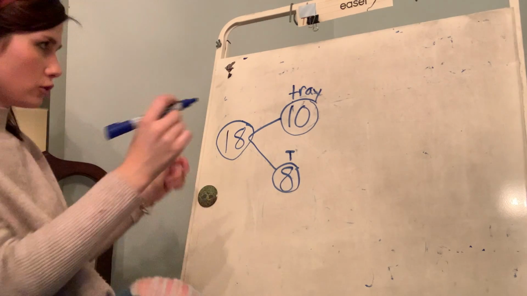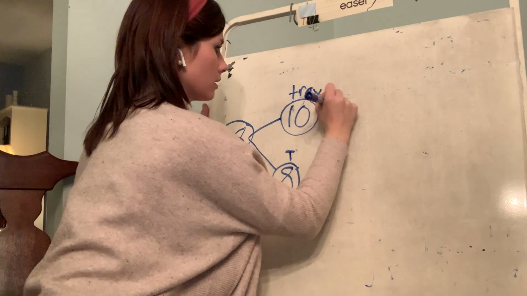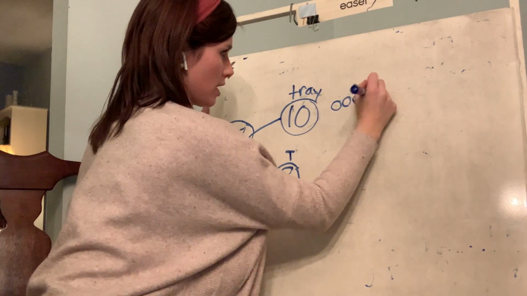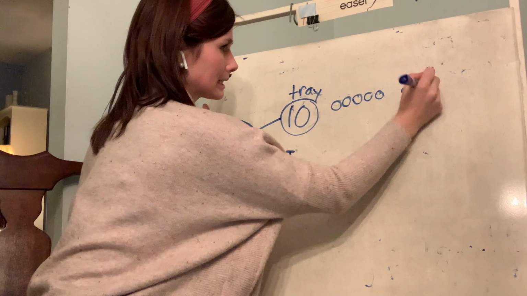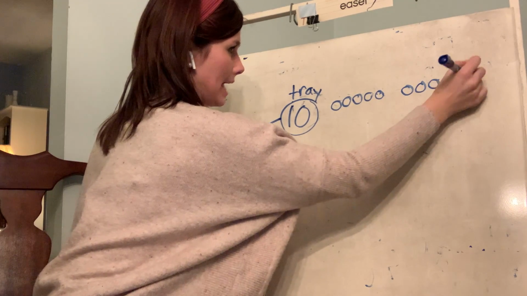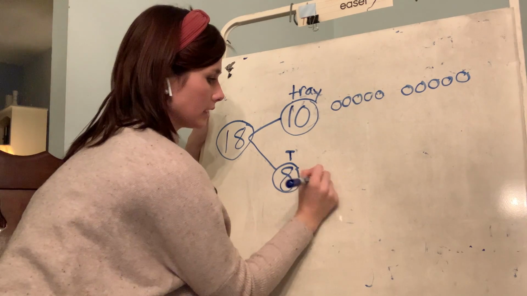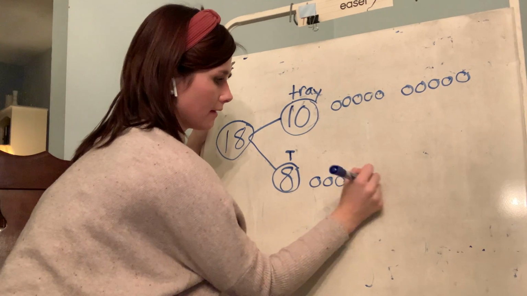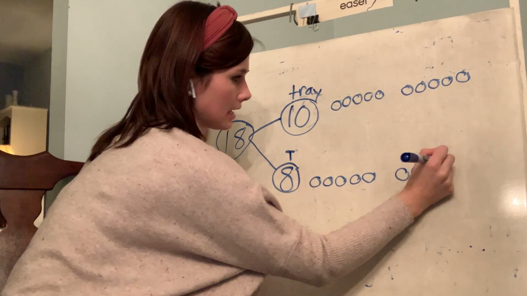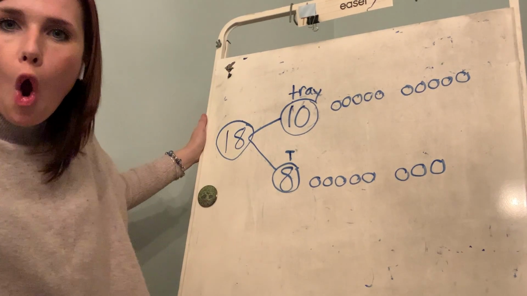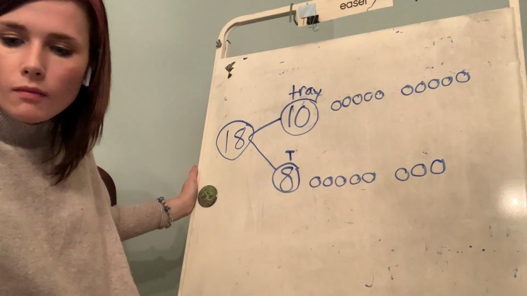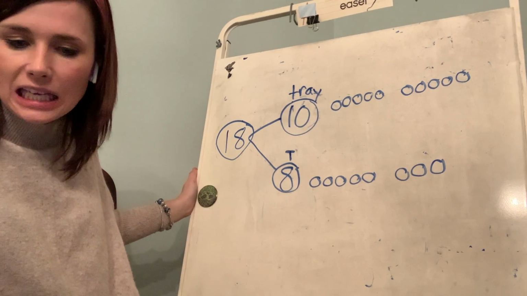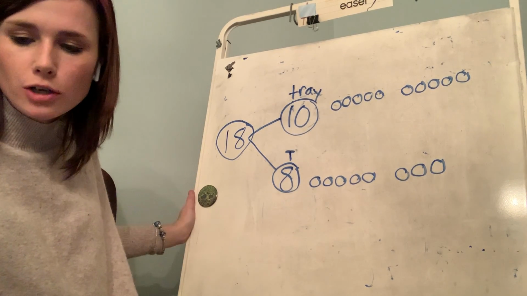Okay, let's draw our 10 on the tray. 1, 2, 3, 4, 5, 6, 7, 8, 9, 10, and 8 on the table. 1, 2, 3, 4, 5, 6, 7, 8. On the tray, there are 9 vanilla cupcakes. The rest are chocolate.